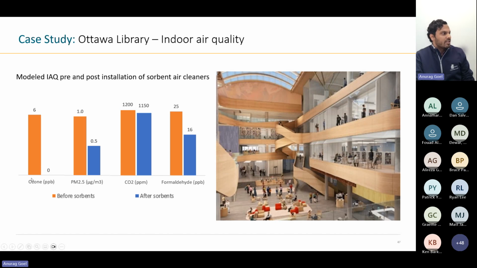For particulate matter and ozone, you see that the reduction is a lot greater, because particulate matter and ozone are largely coming from the outdoor air. So by using the IAQP, we're reducing outdoor air and reducing the load of ozone and PM 2.5 in the indoor environment.